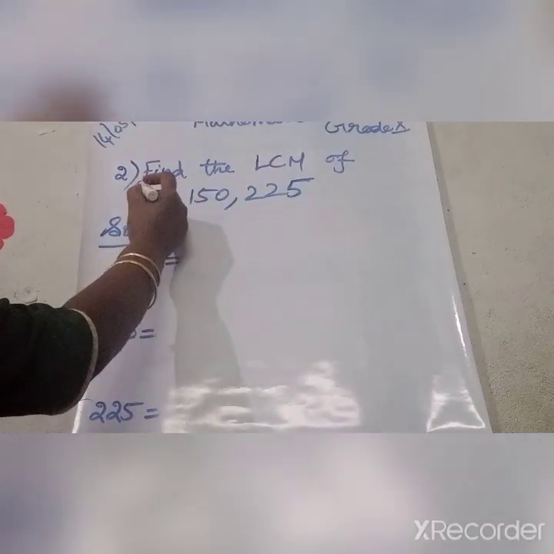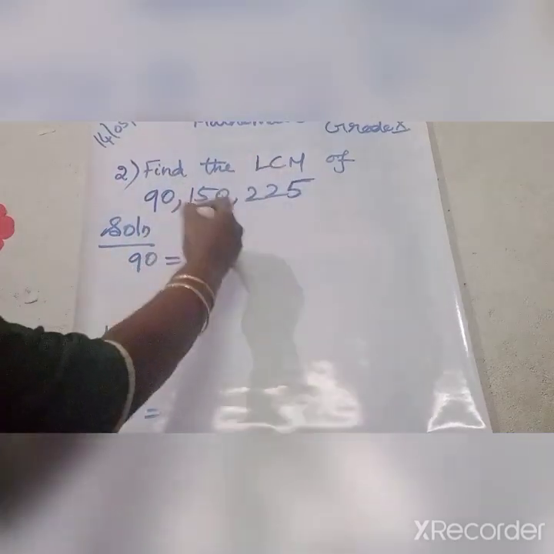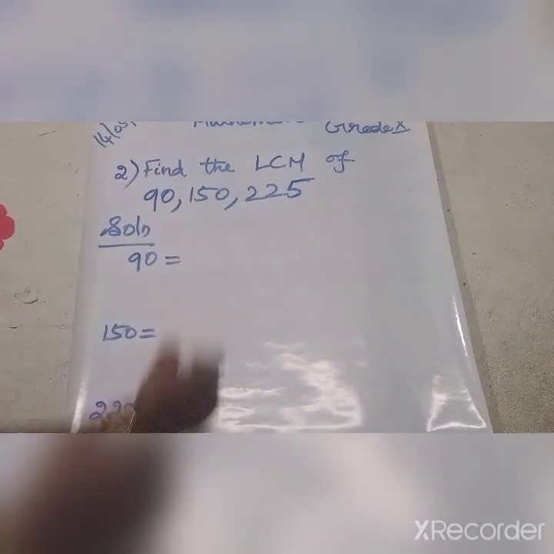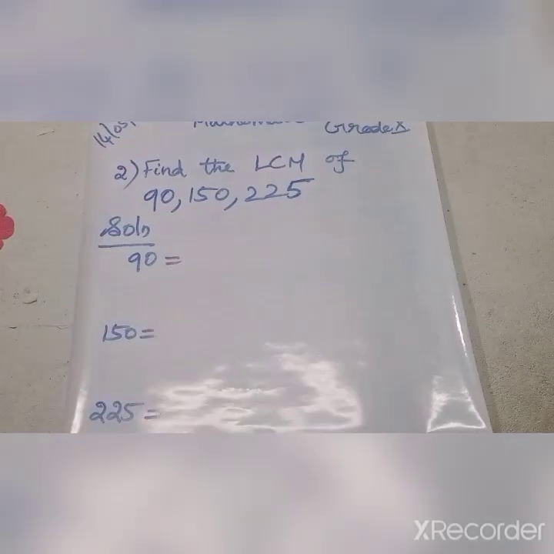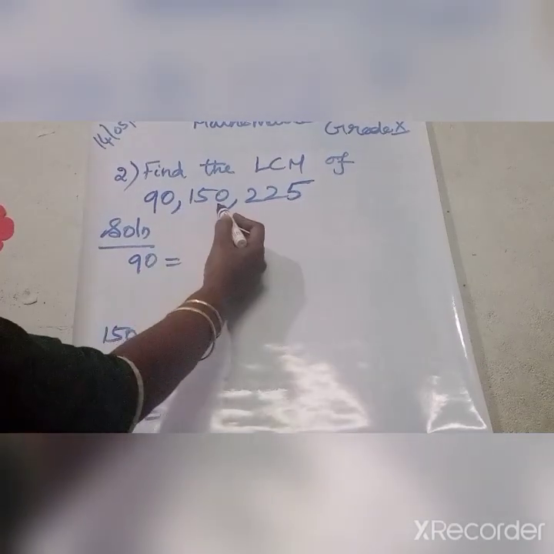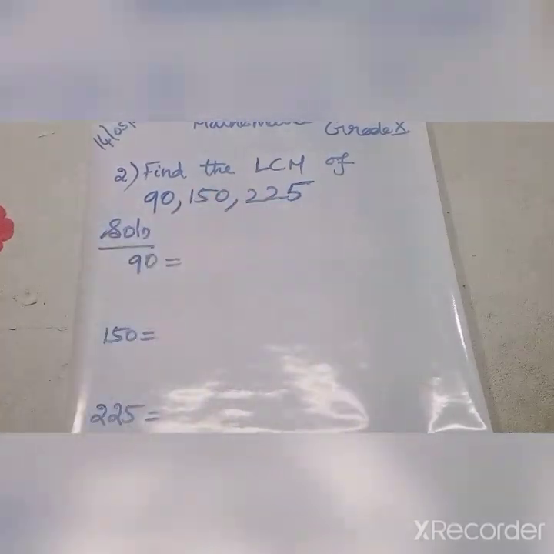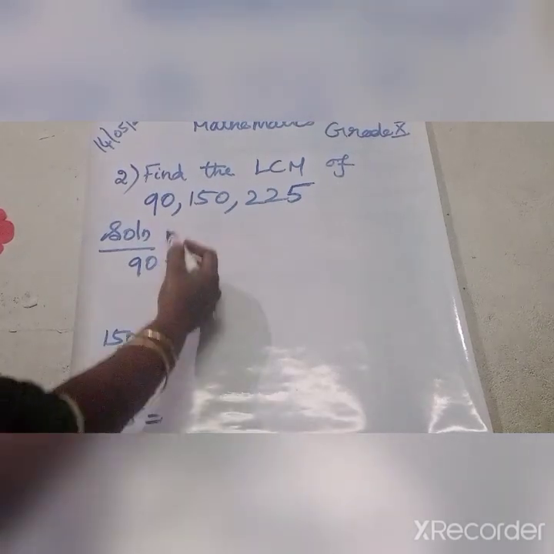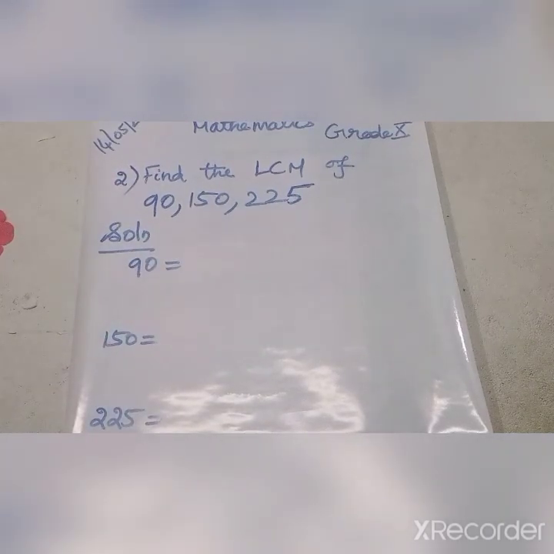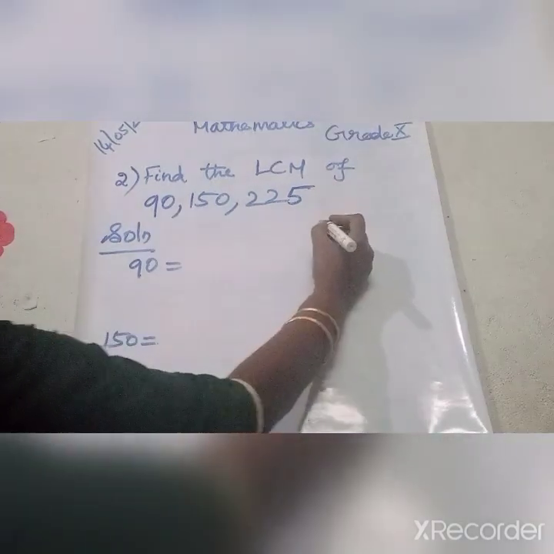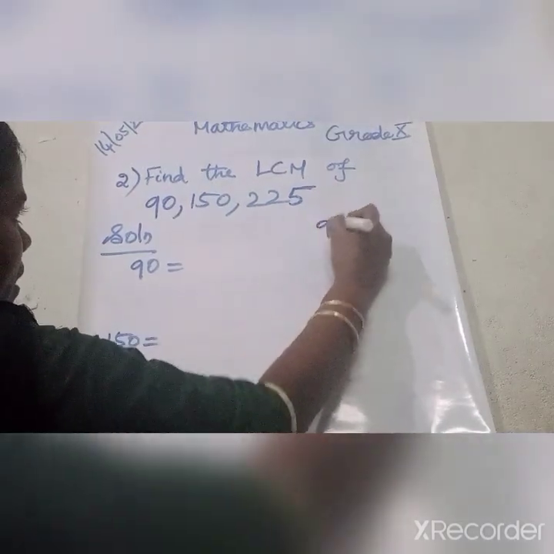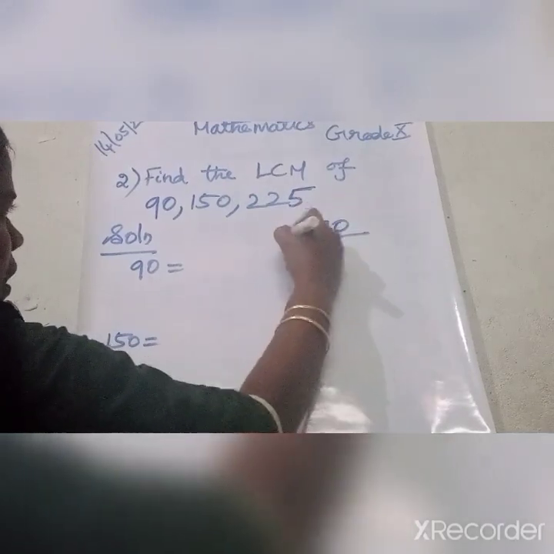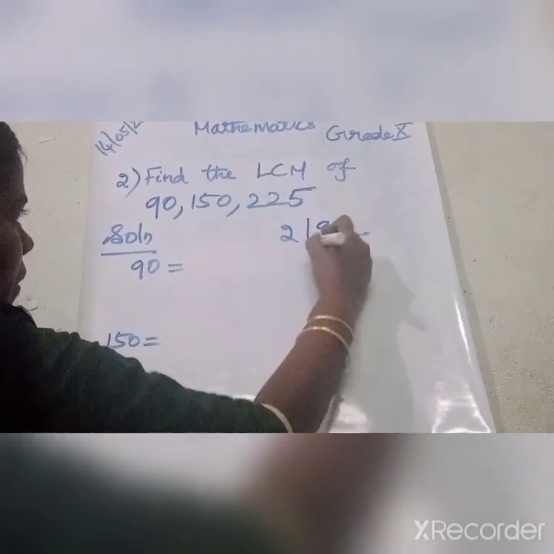Now similarly, second question, find the LCM of the same numbers we did for the GCD, 90, 150, 225. Here also we have to take the numbers one by one and resolve them into their factors. First of all, 90 can be factorized. 90, take the 2 table, 2 5s are 10.